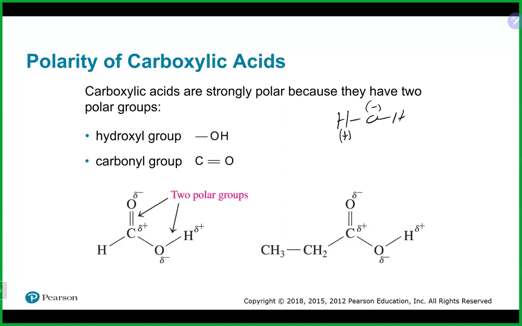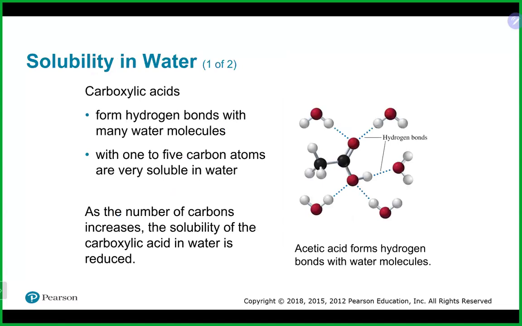So because these guys have basically those same groups, they can hydrogen bond really well with water. So again, we're going to see some good solubility of carboxylic acids in water. And again, like I mentioned before, because of those 2 groups, they definitely will have higher melting points and boiling points.